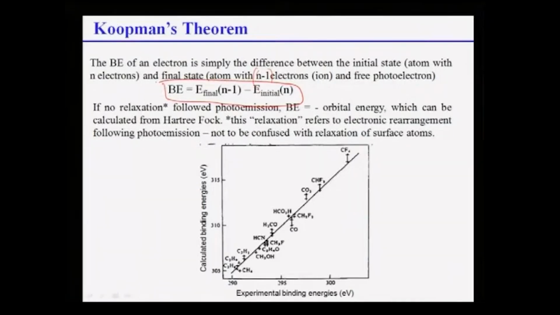Now if I plot experimental binding energies against the calculated binding energies like this, if you look carefully at this chart, they fall on a straight line almost passing through the origin. These are CH4, C2H2, C2H6, C2H4, different kinds of organic compounds up to CF4. So one can see the experimental and calculated binding energies are the same.